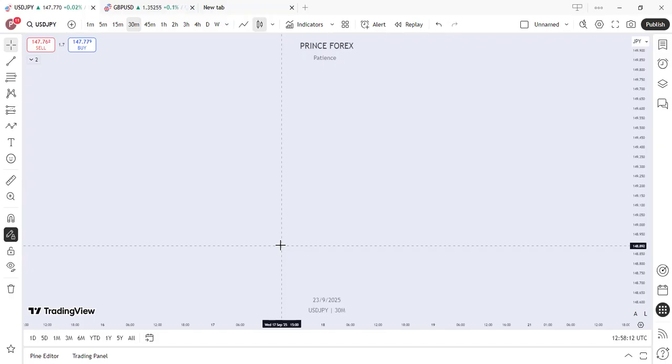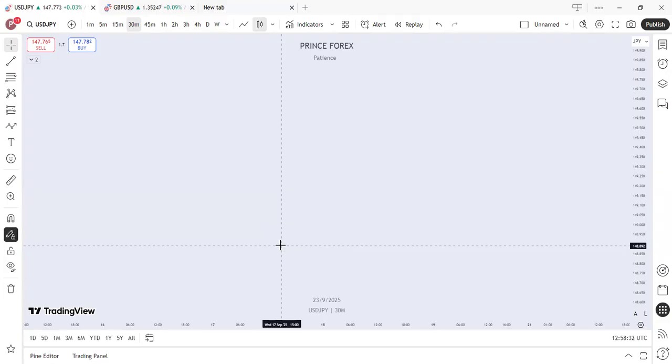So what is market structure in the first place? Market structure is basically the flow of the market, right? It shows how the market or price moves. So that is the definition of market structure.